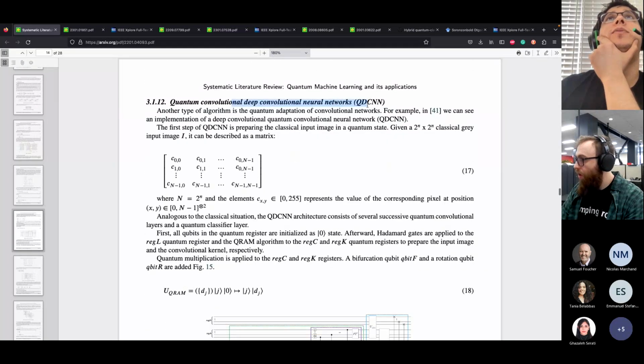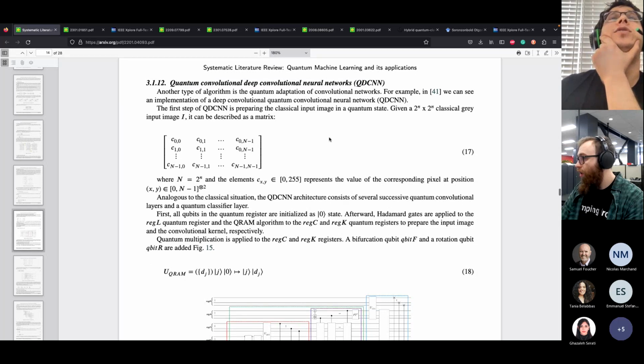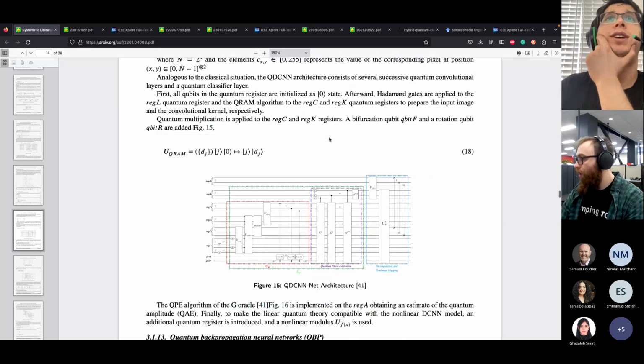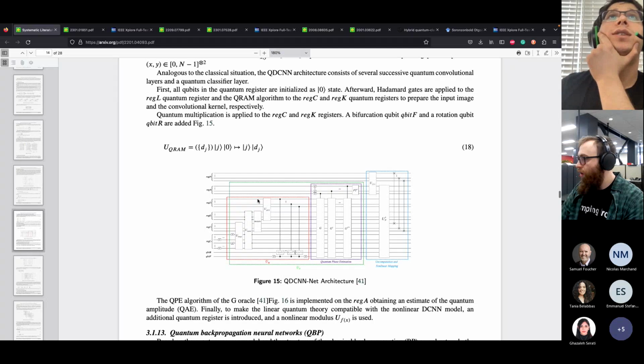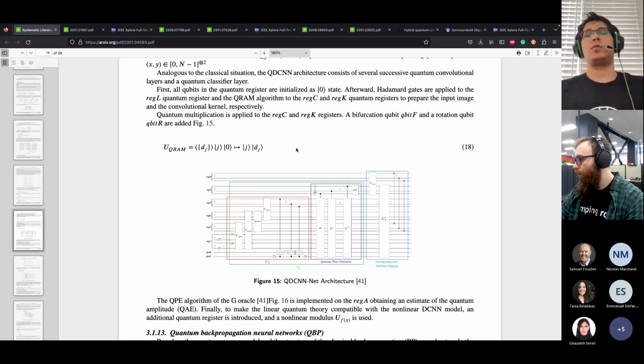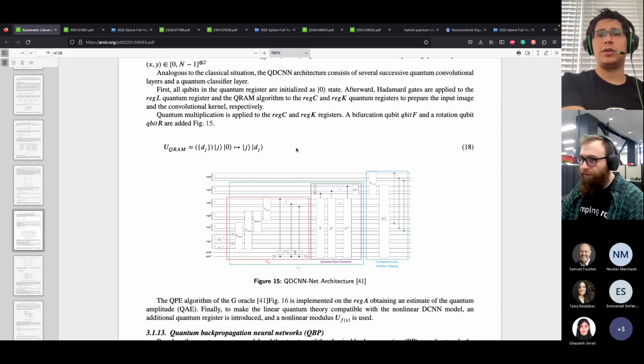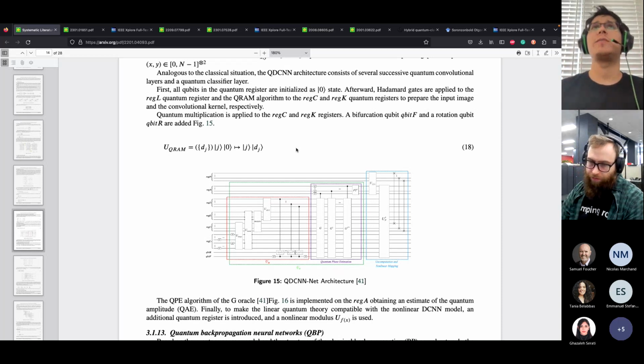Quantum deep convolutional neural networks. Okay, no, this is just too much. So this is basically the idea of convolutions merged into a quantum circuit. For starters, this is not convolution as you know it. What they're trying to do is basically twist the arm of the quantum circuit to make it look like a convolution.